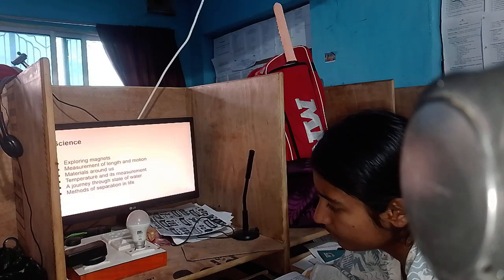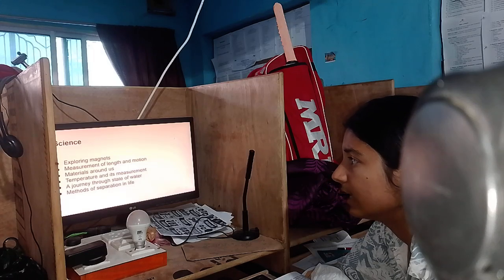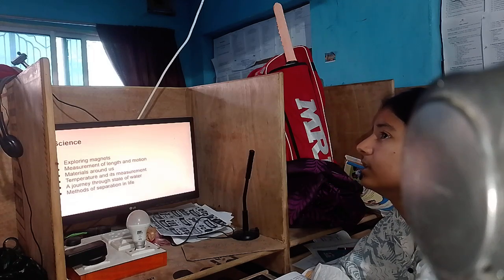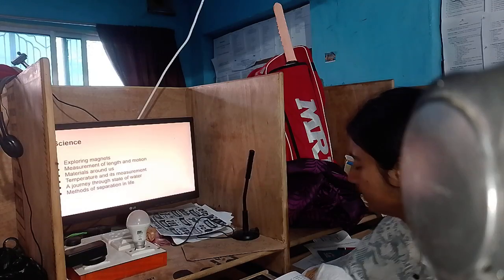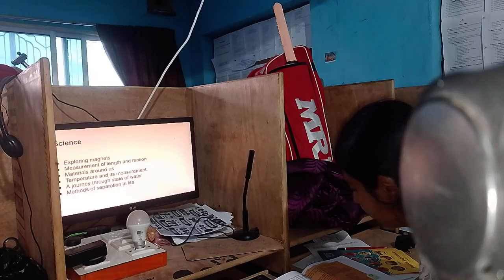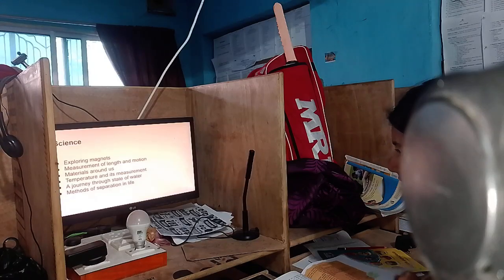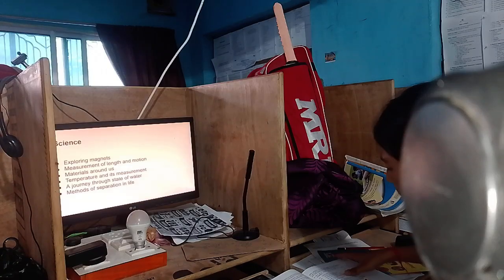Somebody is standing behind the glass, but we can easily see that somebody is standing there. That is called transparent. And translucent is where we cannot see that person. So these are all the keywords, and now I'm going to talk about the temperature and its measurement chapter.